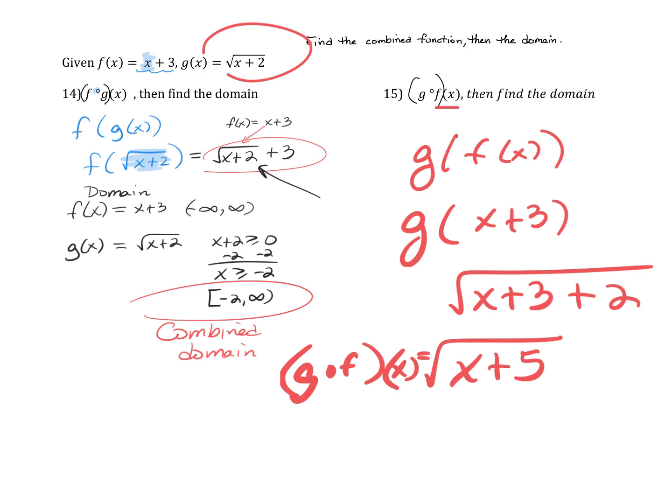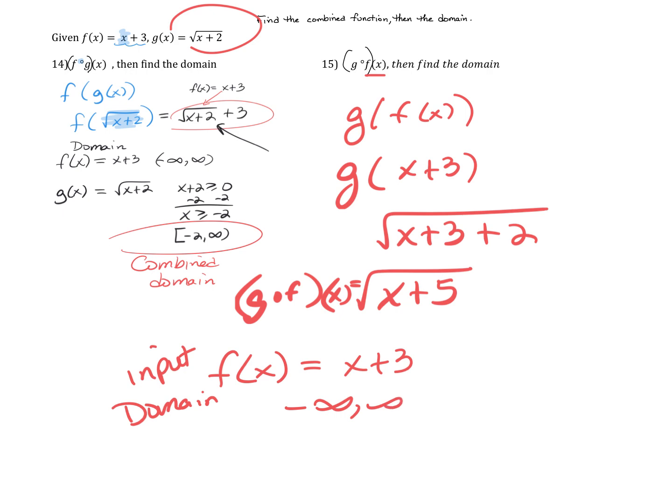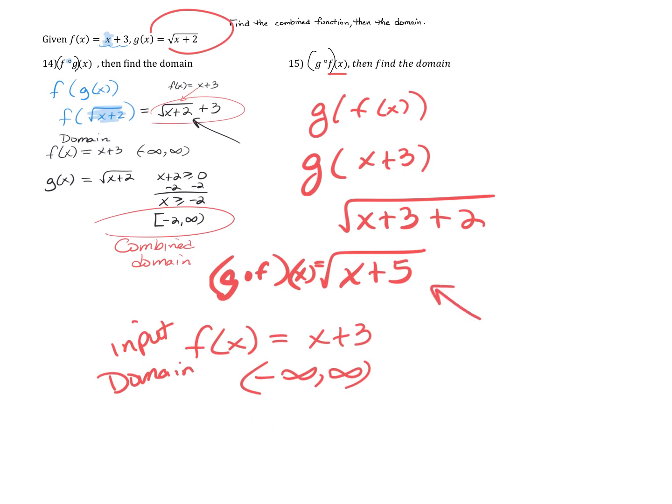That's what it equals. So now let me find my f of x was my input. So the input domain, remember that was x plus 3. No restrictions. This one's all real numbers. However, my combined function does have a restriction.